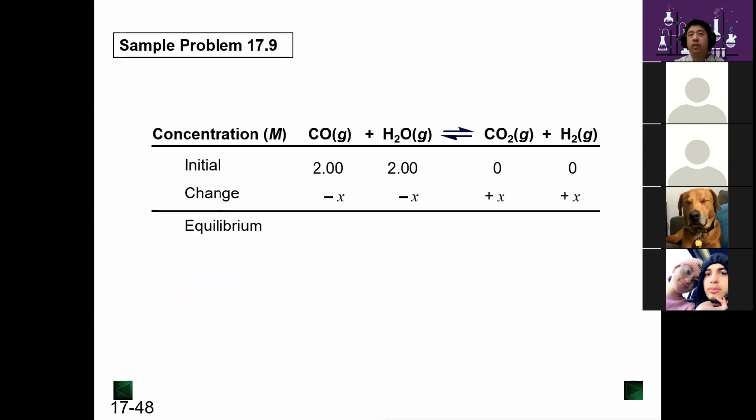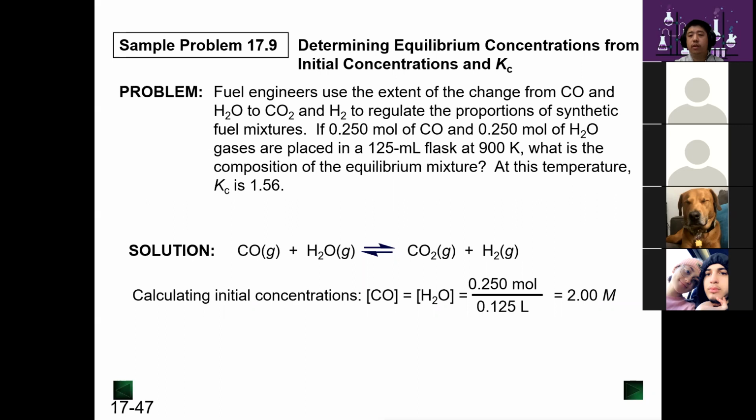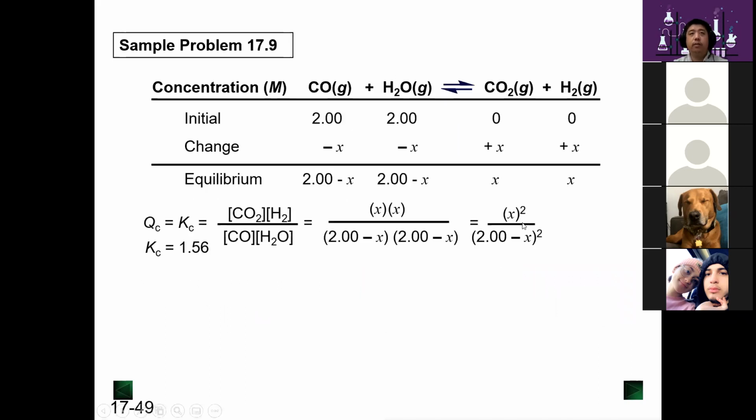Someone wanted me to go back to this slide. This one right here. And where did you get the 1.11 from? 1.11 was algebraically solved. So go back to the front. Let's try to solve this. Give me 1 second.